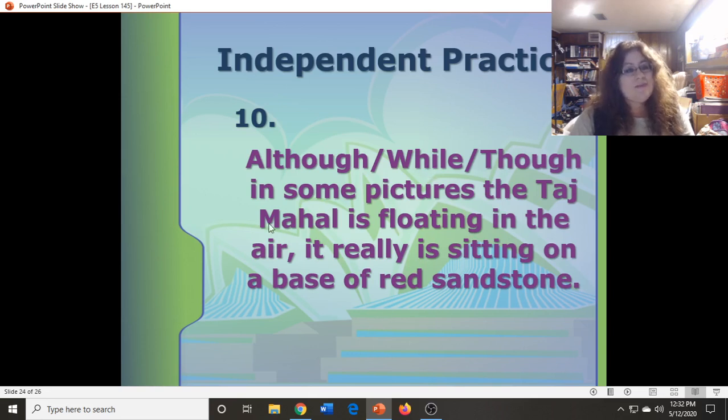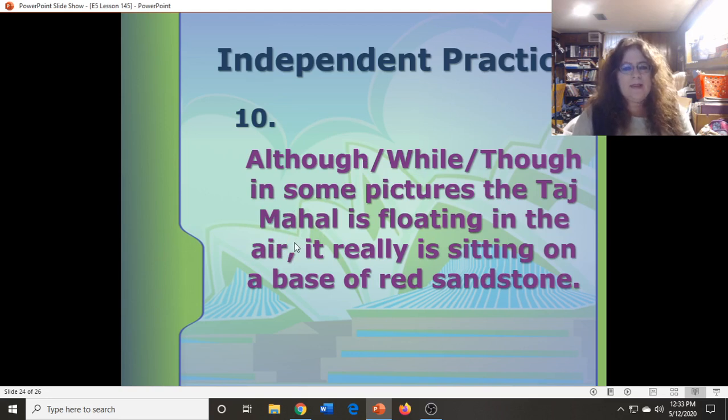While, in some pictures, the Taj Mahal is floating in the air, it really is sitting on a base of red sandstone. Or though in some pictures the Taj Mahal is floating in the air, it really is sitting on a base of red sandstone. So any of these would make sense to use, and then you have to have a comma after the dependent clause because the dependent clause came first.